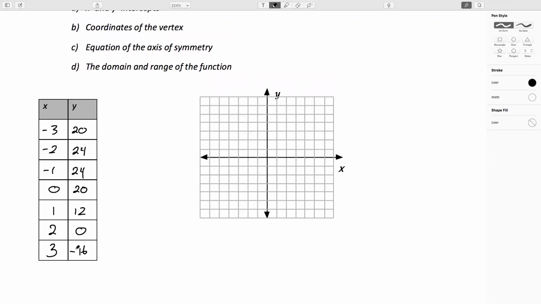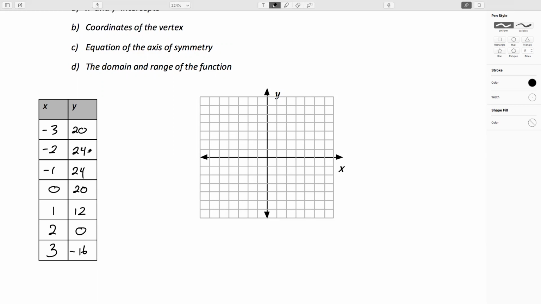Okay. So if we want to graph this, we're going to have to change the scale of our graph, because we've only got 7 squares, and we need to get up to 24. We've got a few options for how we want to do it. We could make every y value worth 3, and then we're counting by 3s instead of counting by 1s. We could also make all our y values 5.